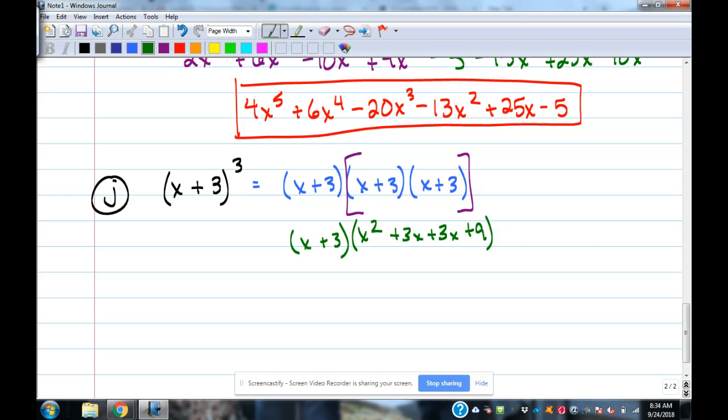And then can we simplify this part? X times x, x squared, x times 3 is 3x, 3 times x is 3x, 3 times 3 is 9. That's where those parts are coming from. Combine like terms in the middle there. Not exactly necessary, but at some point it's going to have to be done anyway.